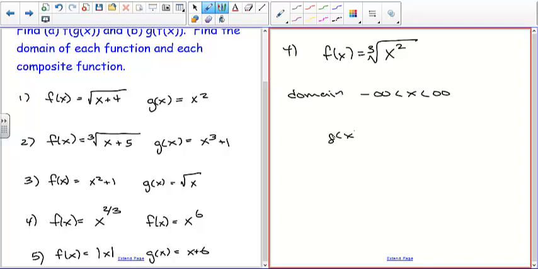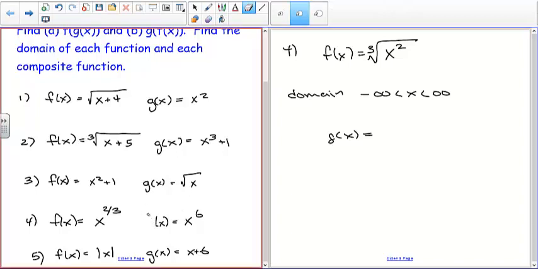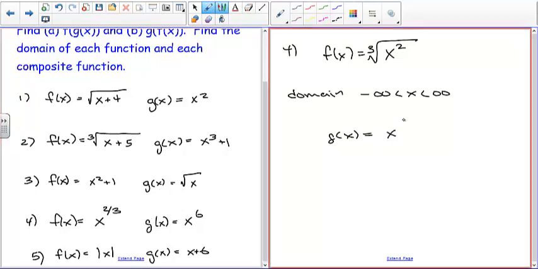G of x is x to the 6th. So this is a polynomial. So in this case, the domain is, again, all real numbers.